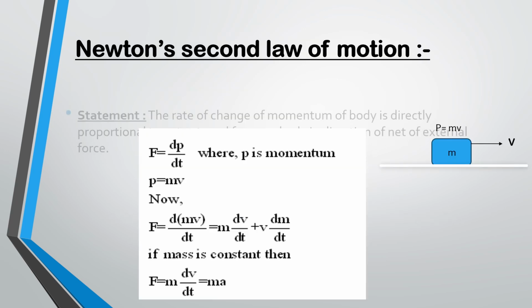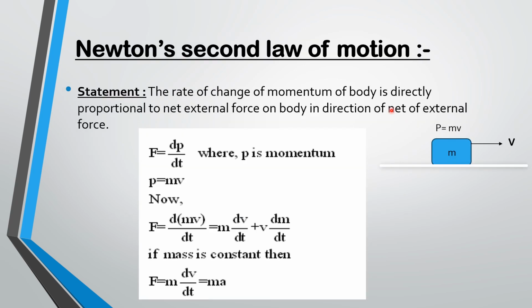Moving on to Newton's second law of motion. What is the statement? Newton's second law of motion deals with the quantitative discussion of forces and their effects. Take down that point.